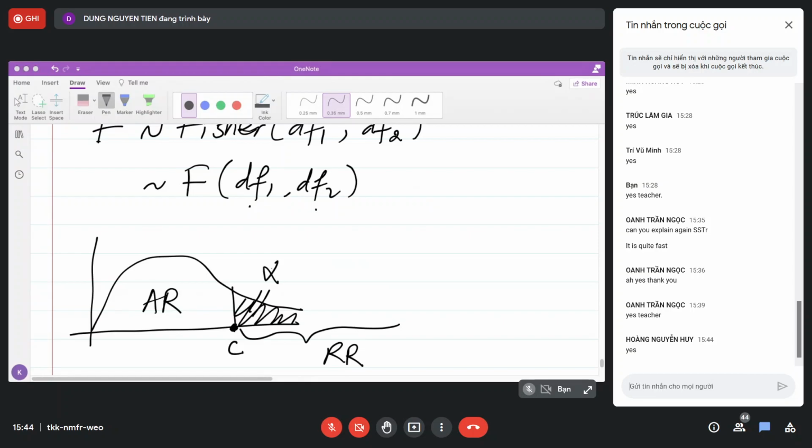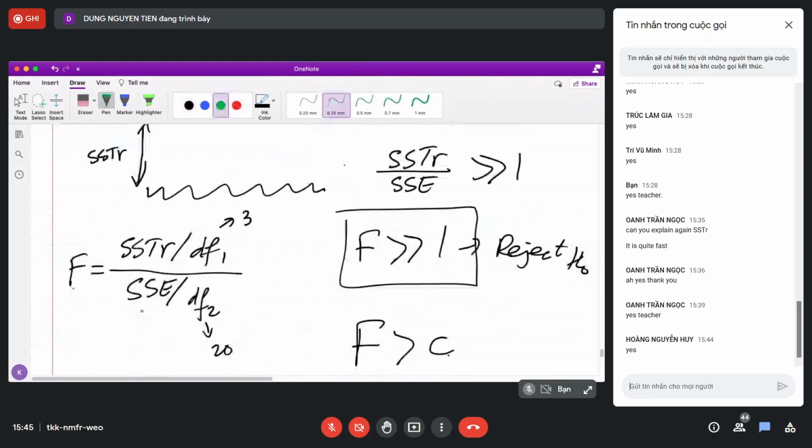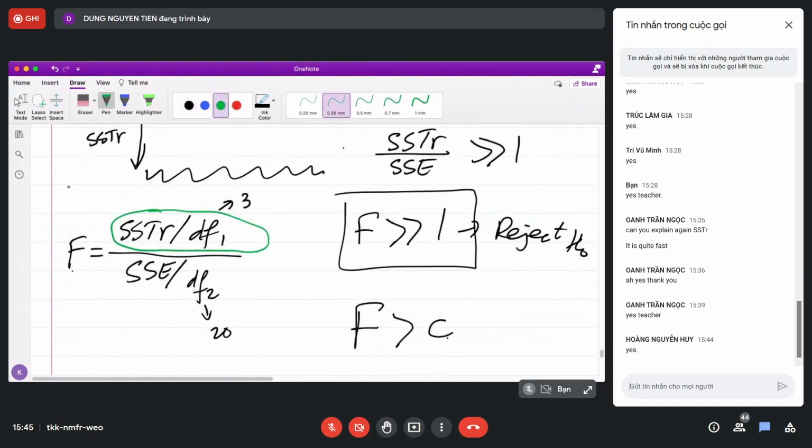Oh, by the way, we call the numerator here the mean square for treatment.